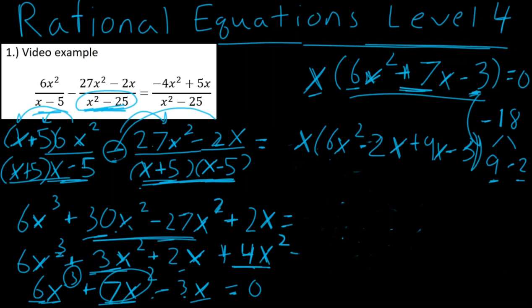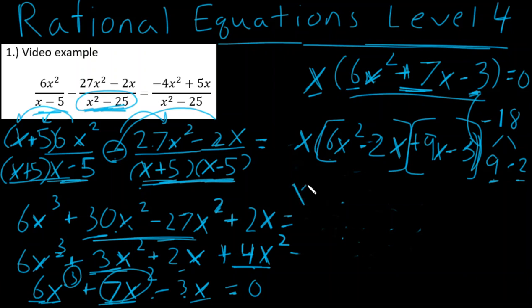Now I know this is all kind of cramped, and I do apologize, but remember what we want to do with factoring by grouping is we want to take our first two terms, put them in one group, and our next two terms and put them in another group, and from here we want to factor out the greatest common factor of each. So here's how I'll write this.